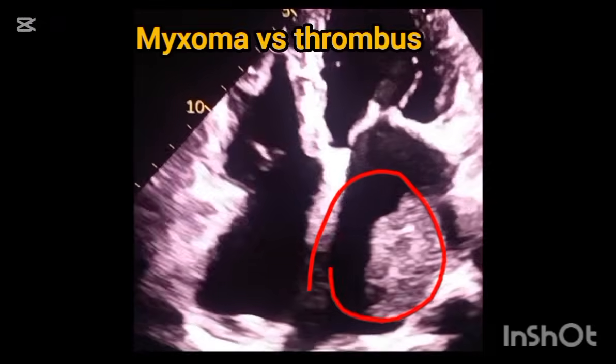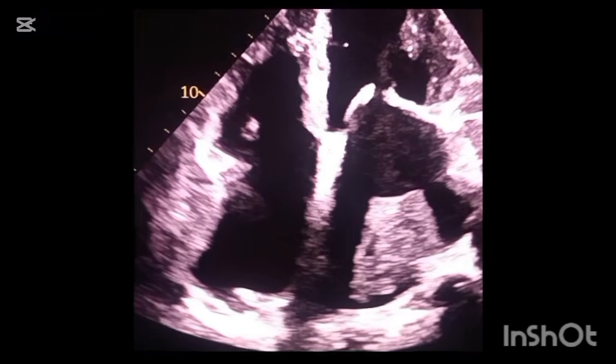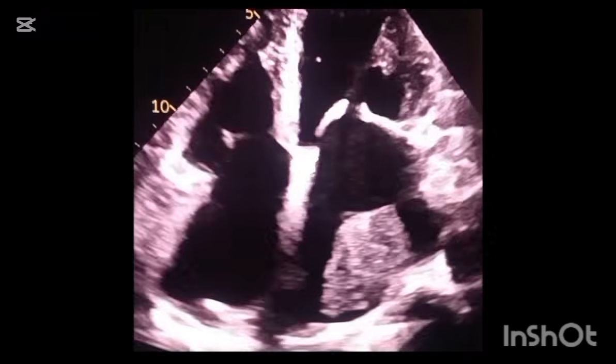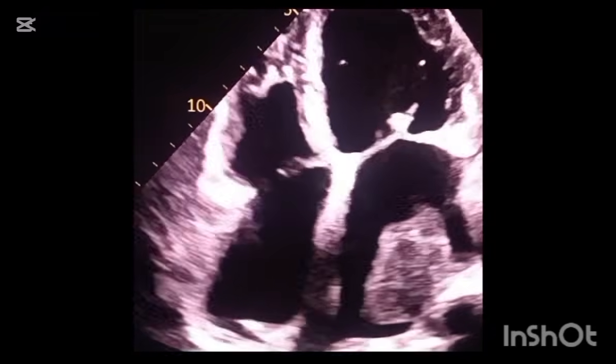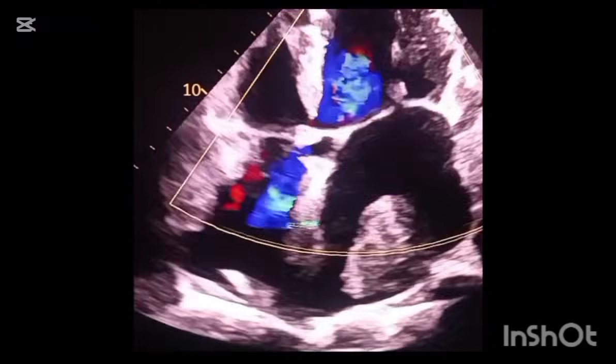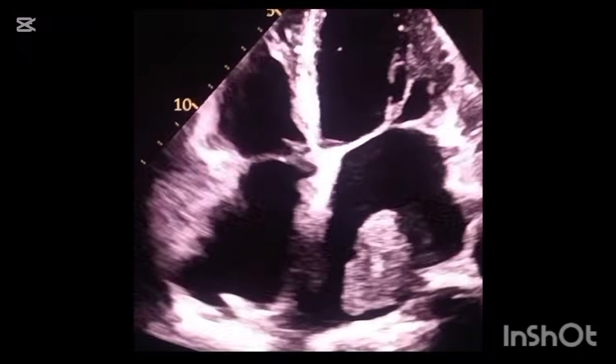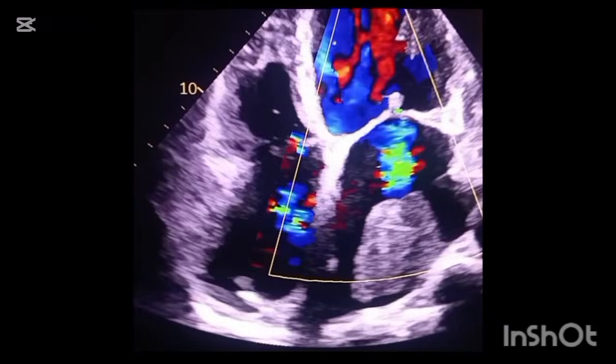We see this mass in the left atrium cavity, a fixed mass, but the differential from a myxoma is that the myxoma has a specific location, attached to the septum by a stalk, and is highly mobile, but there is no mobility in this mass.